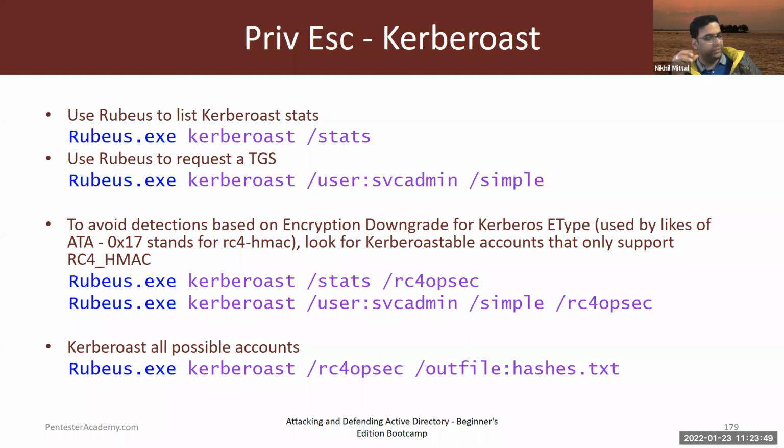Now, if your domain has all the domain controllers later than Server 2008, and you still request a TGS encrypted using RC4, the encryption type would be 0x17, and it would be very apparent that it is a forceful encryption downgrade. And that would result in an anomaly and possibly detection of a Kerberoasting attack.